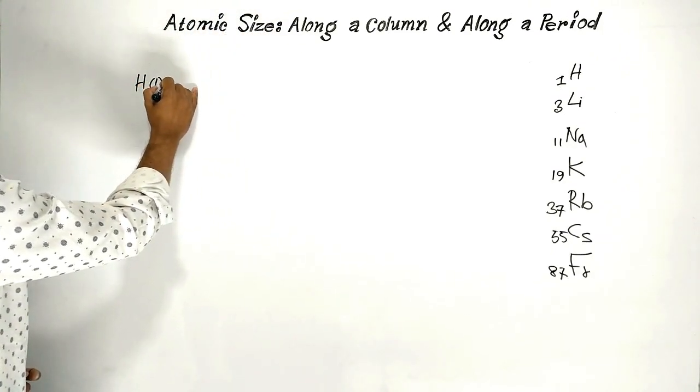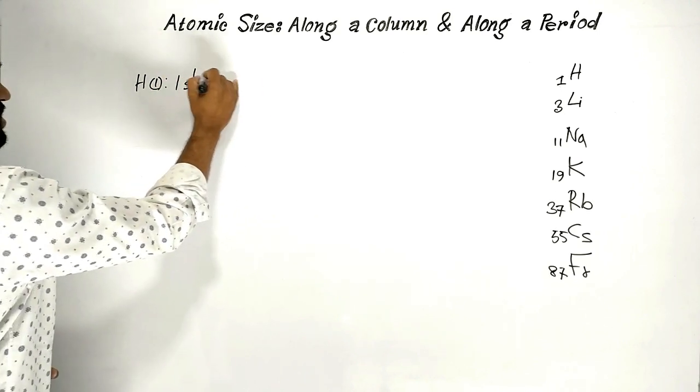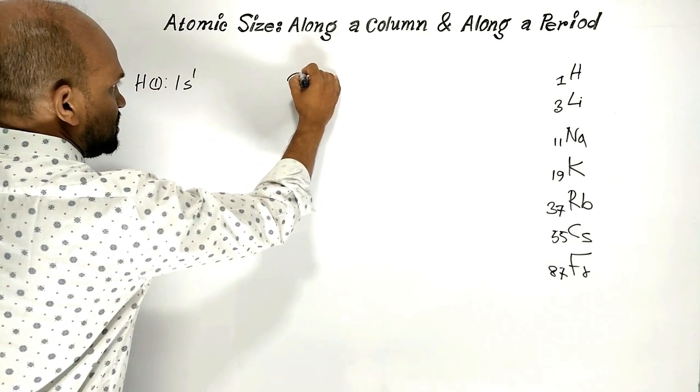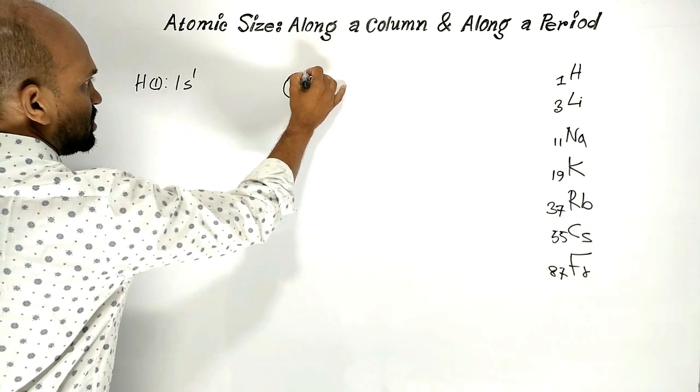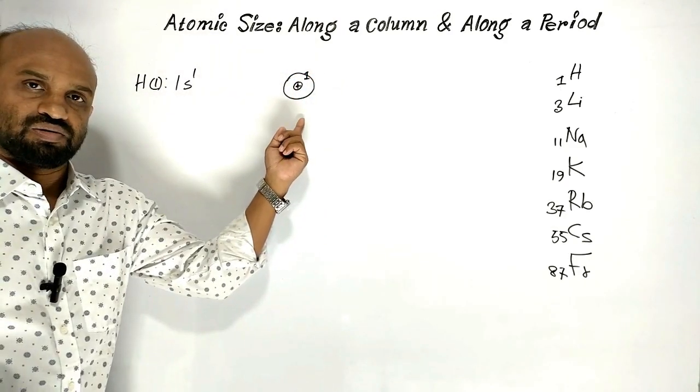Here, electronic configuration of hydrogen is 1s1. That is, the nucleus of hydrogen has just one shell that contains one electron.